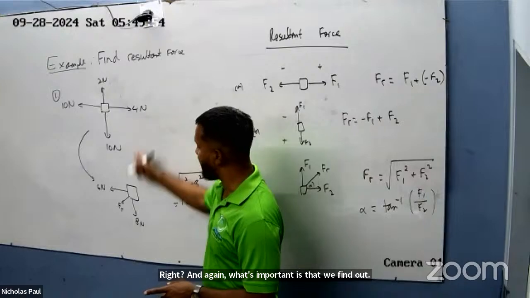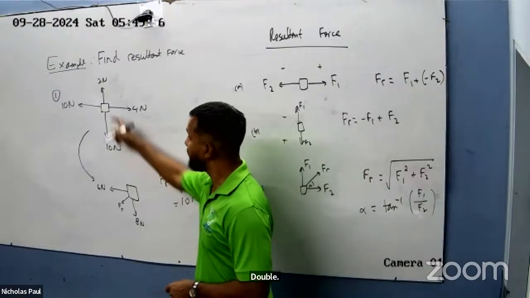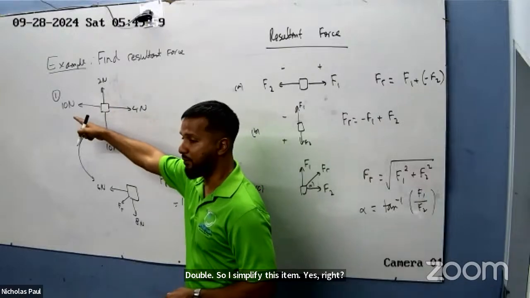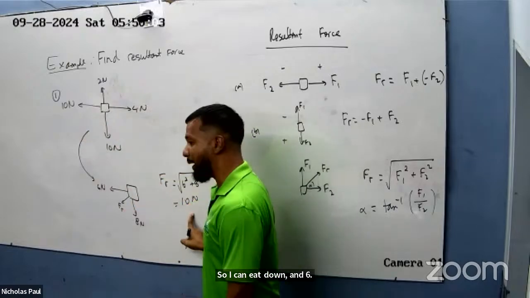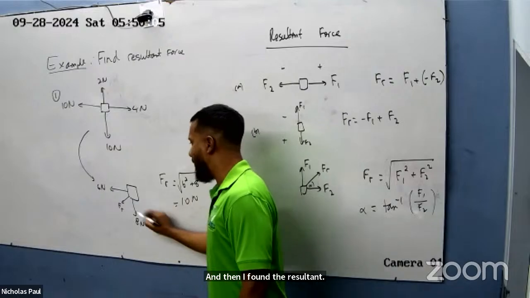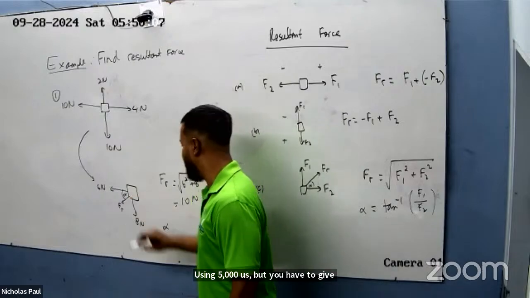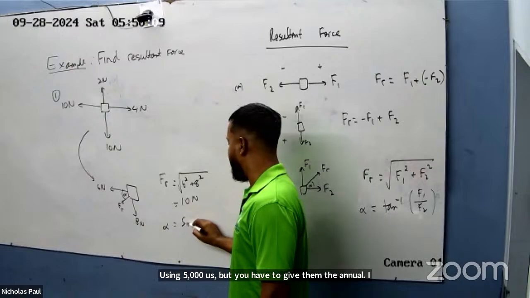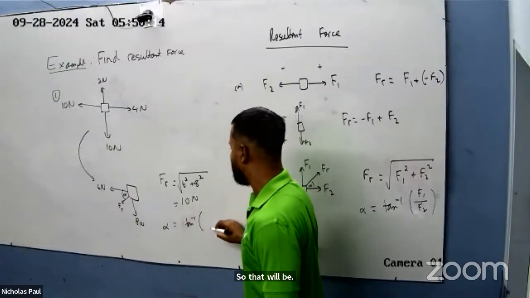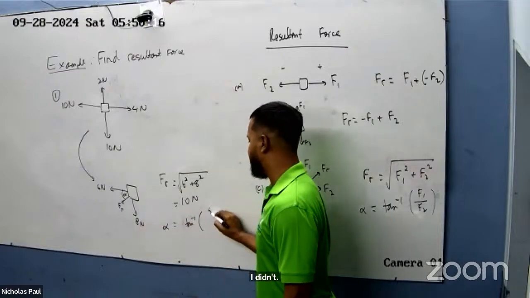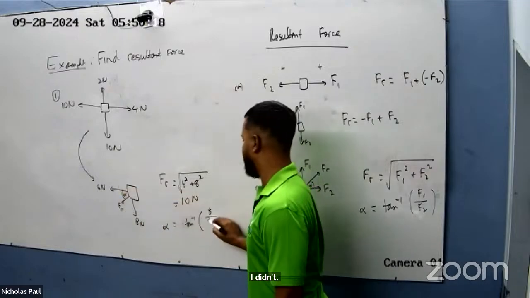So I simplify this diagram to this. I get 8 down and 6 to the left, and then I found the resultant here using Pythagoras. But you have to give them the angle. I am using the angles here, so that will be tan inverse opposite over adjacent.